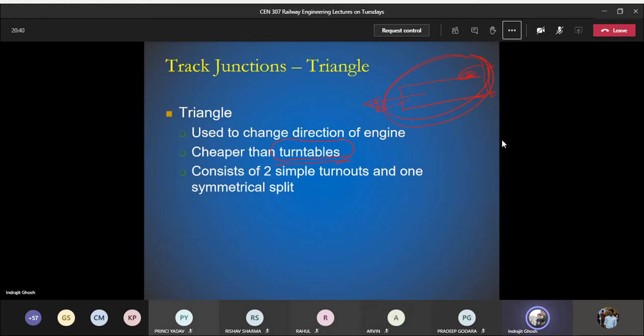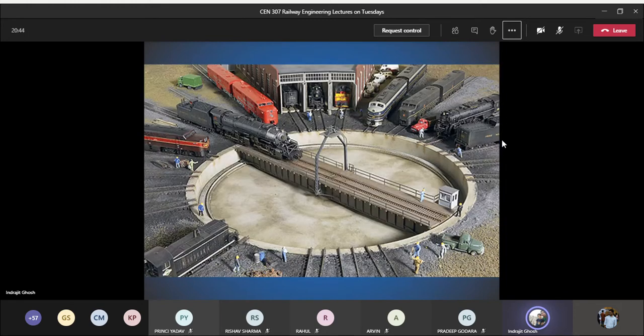Let us see how the turntable looks. This is not a real photo, but I found it on the internet. So on the turntable, you can see that the driver or the people who are driving the train will be seeing through those windows, through this window or through this window.